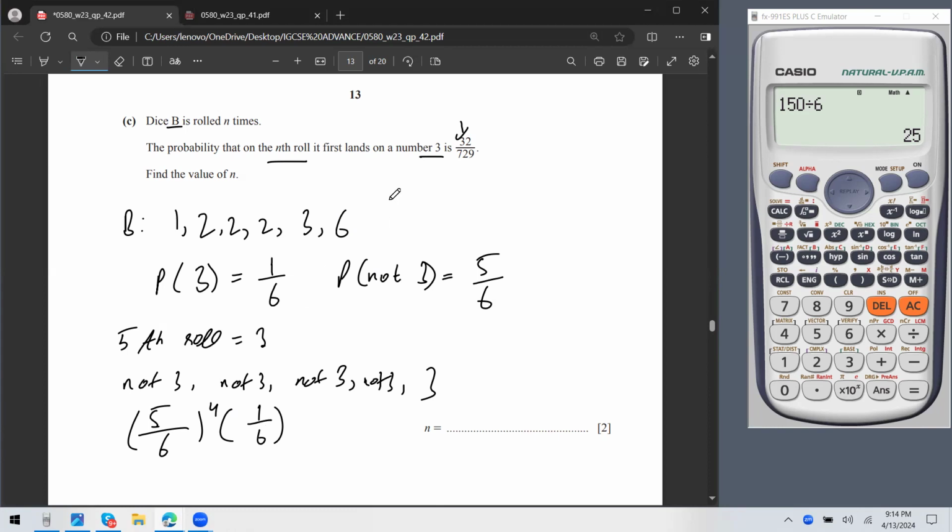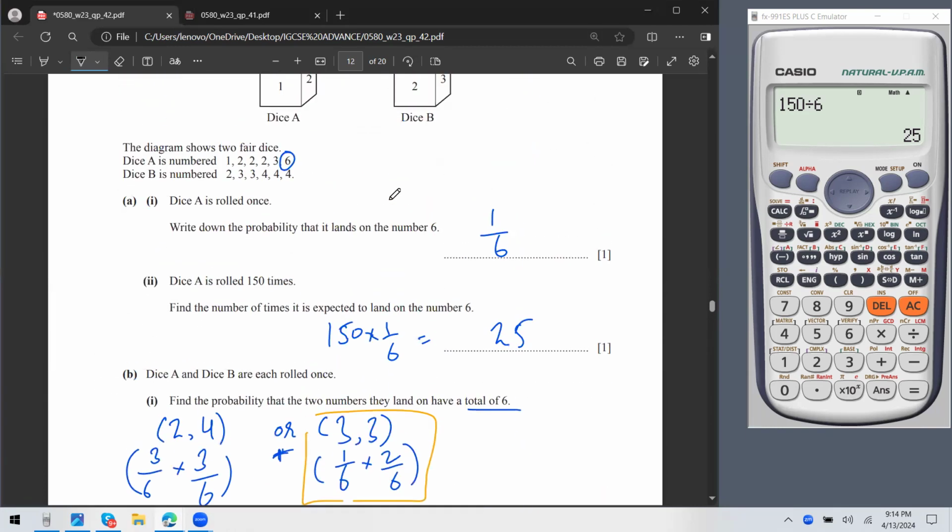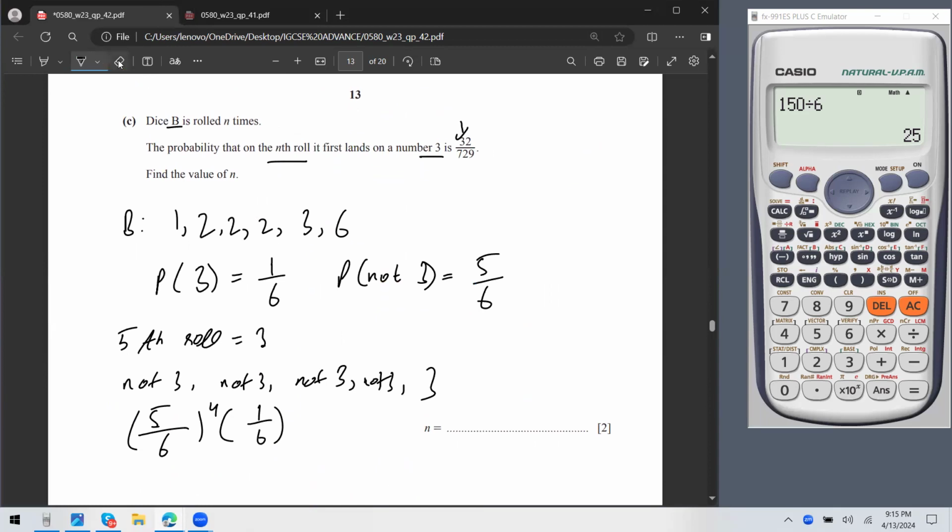Okay, we made a mistake. Sorry. This is not dice B. I picked the data of dice A. Dice B is 2, 3, 3, 4, 4. One more time. The probability of 3 will become 2 by 6, or you can say 1 by 3, and not 3 will be 2 by 3 then.